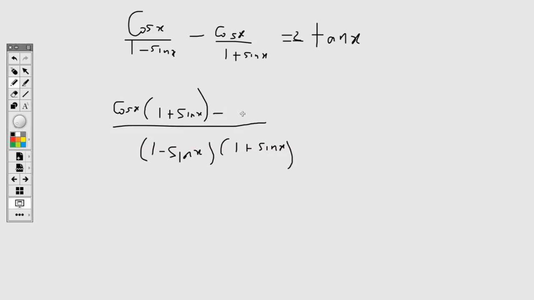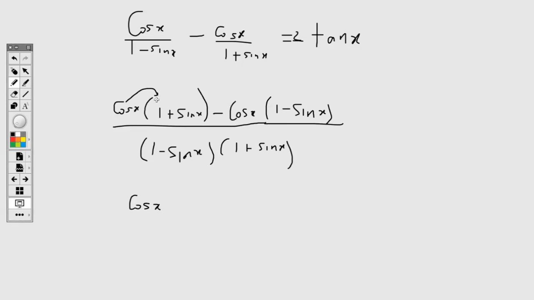This cancels, so I'm left with cos x times, remember 1 plus sin x into the denominator. This cancels, so I'm left with 1 minus sin x. So I have my 1 minus sin x. Now cos x times 1, that gives you cos x.